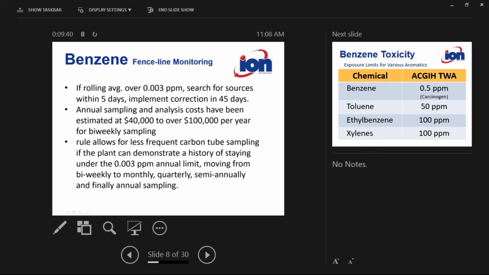And if you can demonstrate that your levels are less than 3 ppb on an average basis, then you can move from biweekly to monthly, quarterly, and eventually semi-annual, and finally annual sampling. So again, anything that you can do to help reduce or understand where your benzene is coming from and reduce those emissions is going to give you some cost savings.